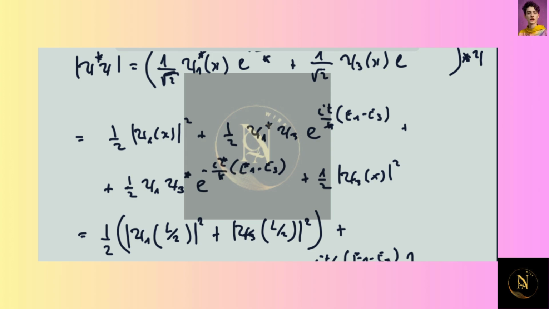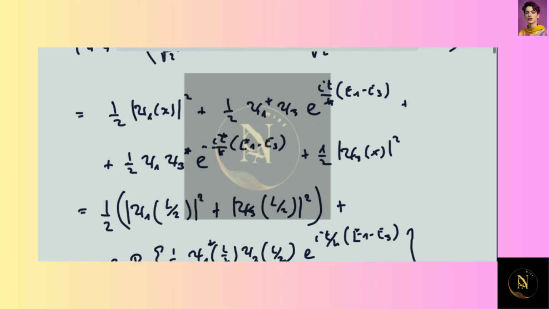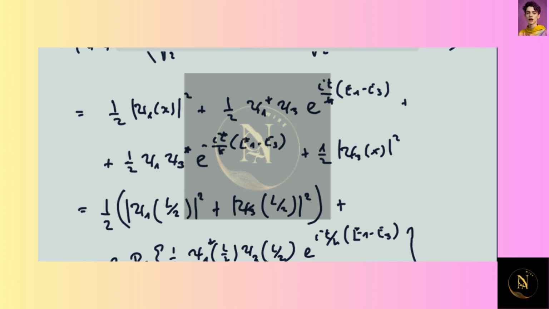Now, the thing to notice here is that two of these parts are real, right? So |psi1(x)| squared is real, and |psi3(x)| squared is real. And the other two parts are complex conjugates of each other. So if you call this z, and you call this z star, then you have z plus z star.